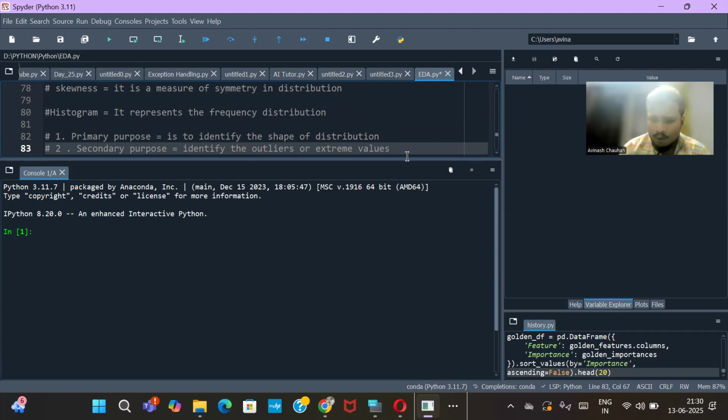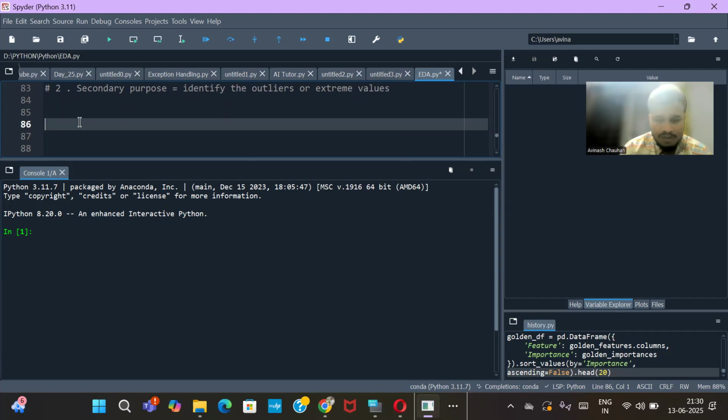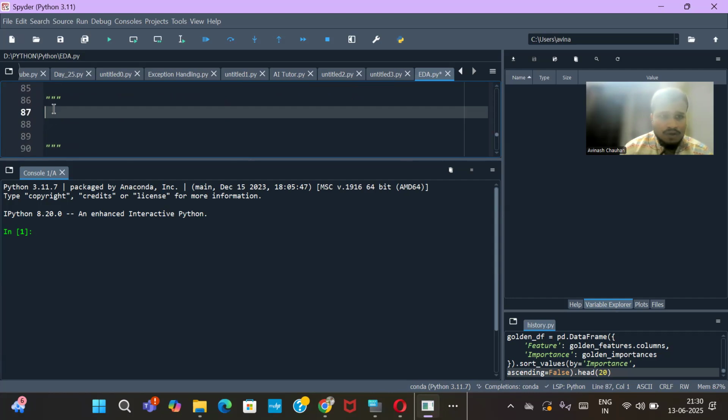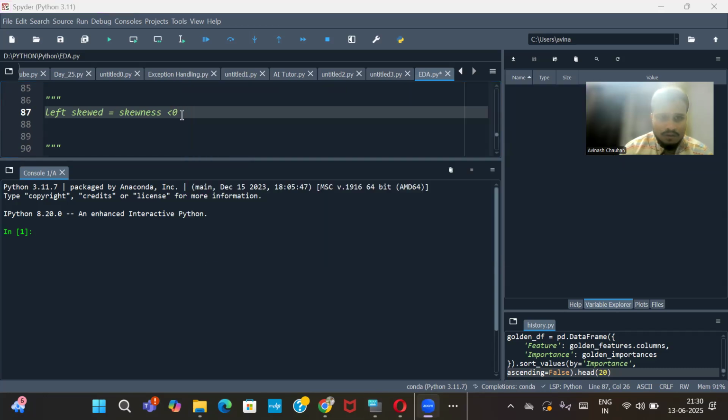Now one more thing to keep in mind. Whenever we are talking about skewness, and whenever you are talking about left skewed, then in my left skewed, my skewness value will be always less than 0.